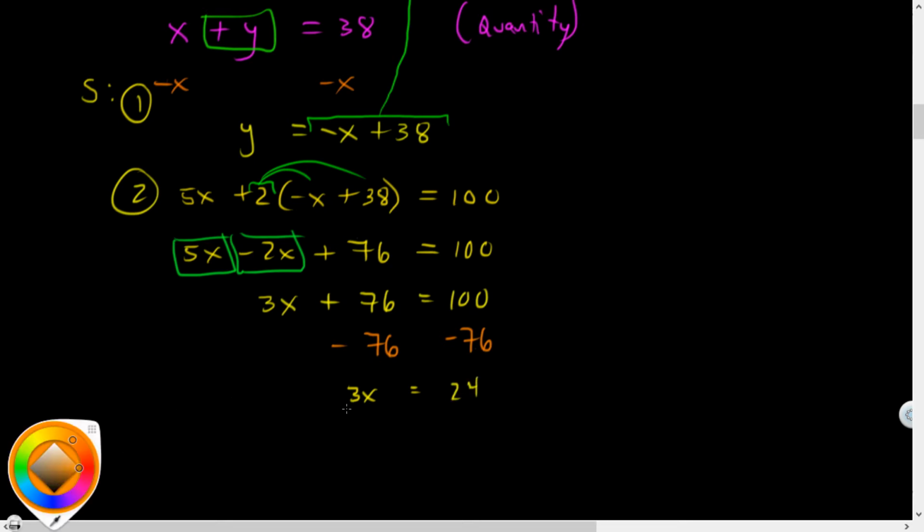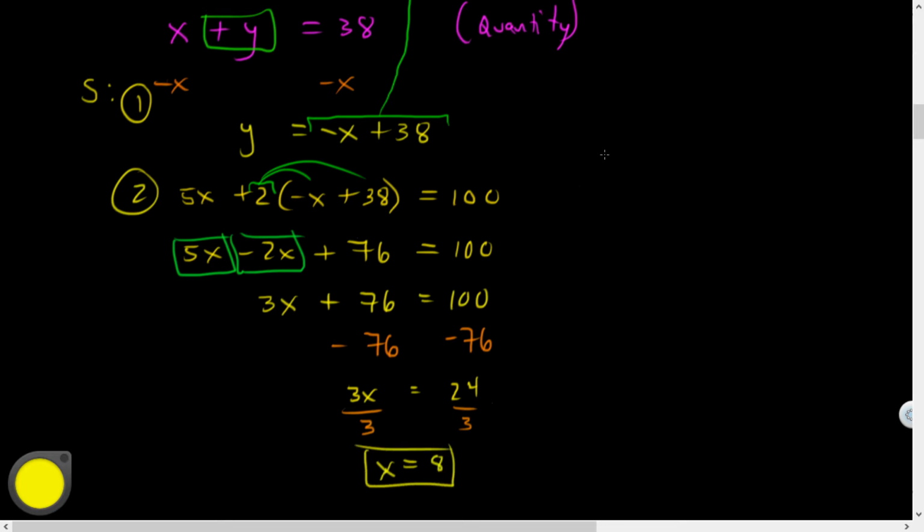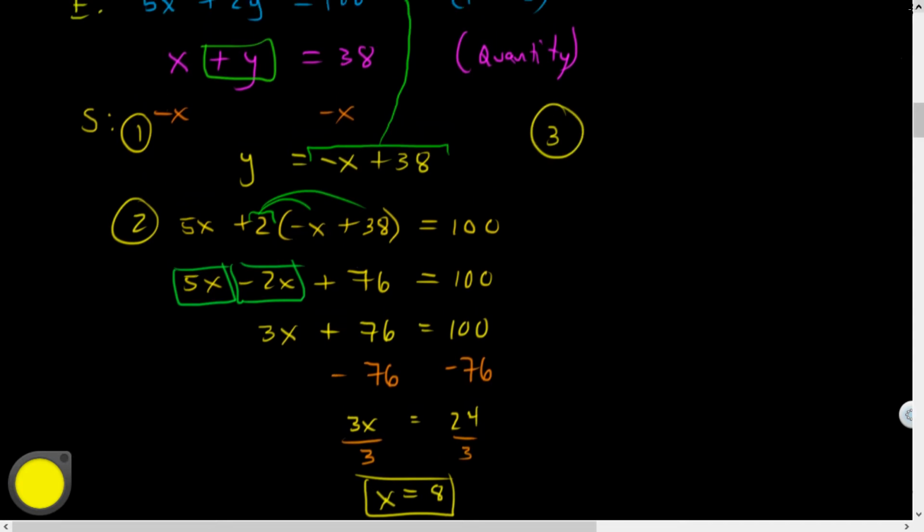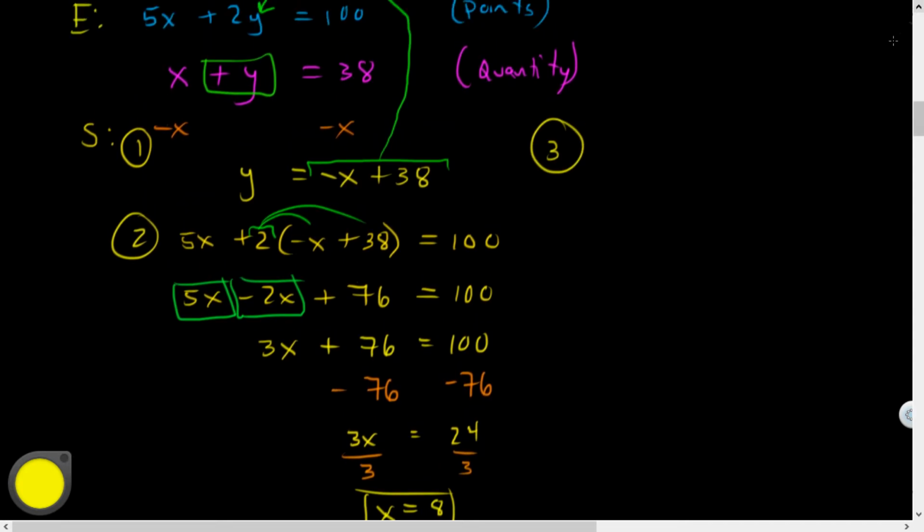Oh, and then you're solving it already. Nice. So even if you chose to solve for x instead of y, you would have different work, but you'd actually end up getting the same values of x and y at the very end. So yeah, x equals 8 is my answer. Now, if x equals 8, I'm not done. I'm looking for x and y.